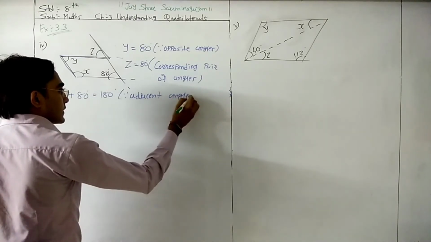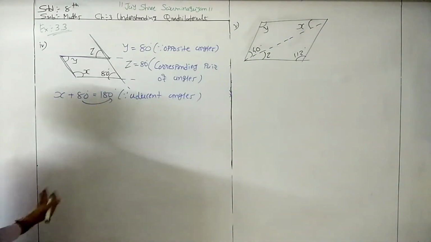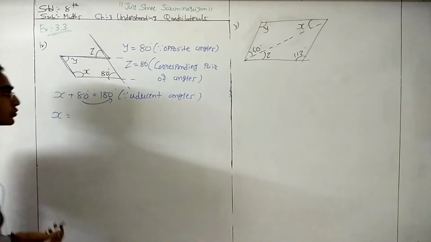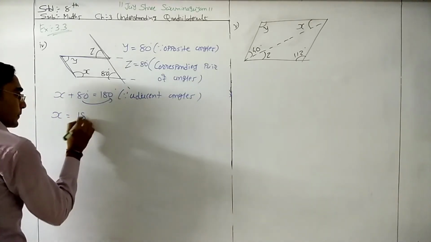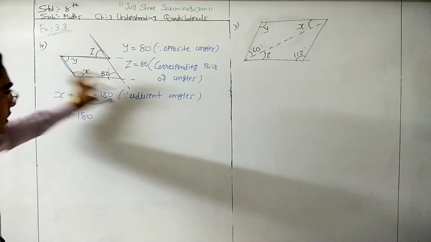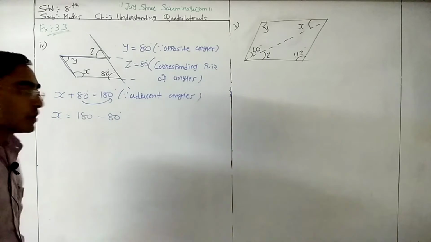From here we can find the value of x. For that, transfer this 80 degrees to the right hand side. So x is equal to 180 degrees, and if we transfer this plus 80 degrees to the right hand side, it becomes minus 80 degrees.